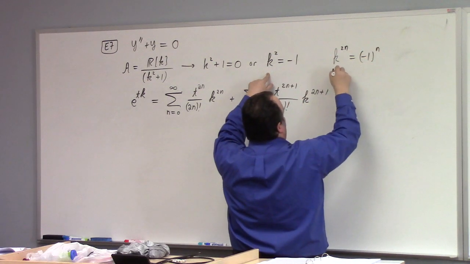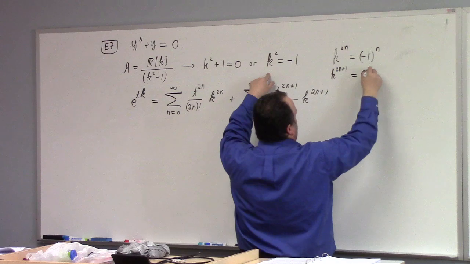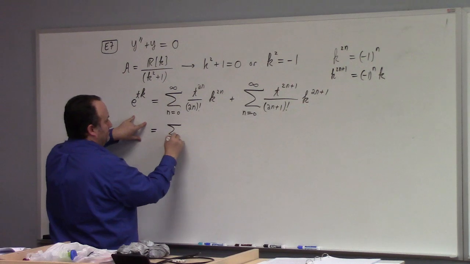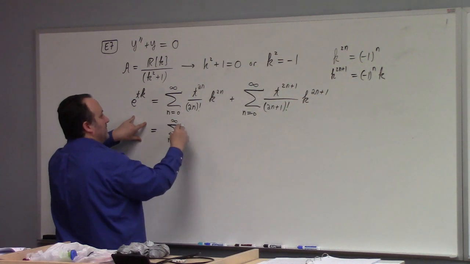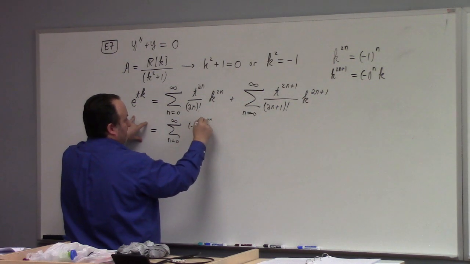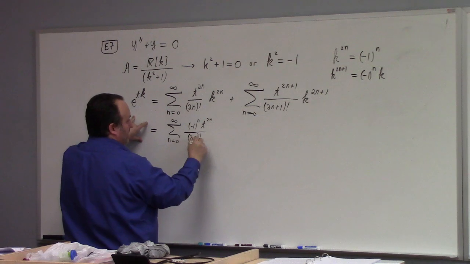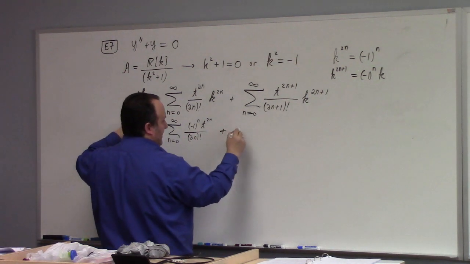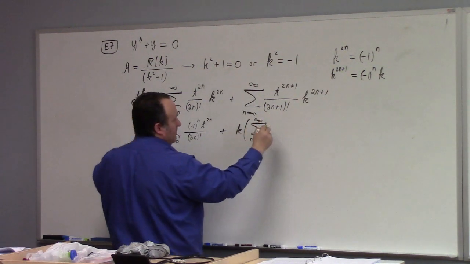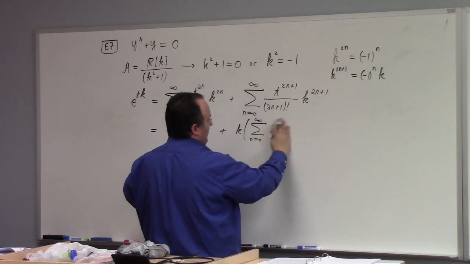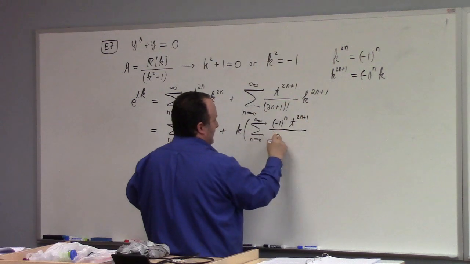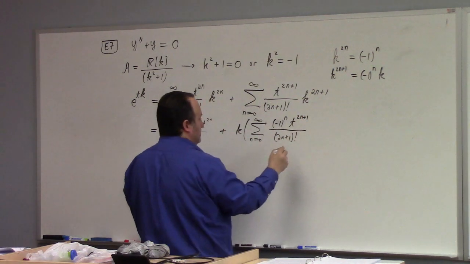And k to the 2n plus 1 is equal to minus 1 to the n times k, which gives this as the sum n equals 0 to infinity of minus 1 to the n t to the 2n over 2n factorial, plus, I'll pull the k out, the sum n equals 0 to infinity of minus 1 to the n t to the 2n plus 1 divided by 2n plus 1 factorial.